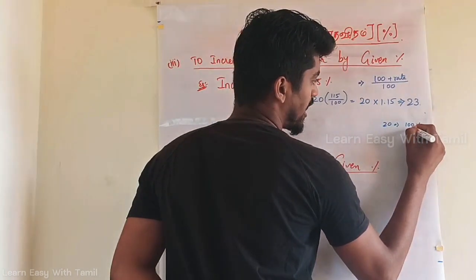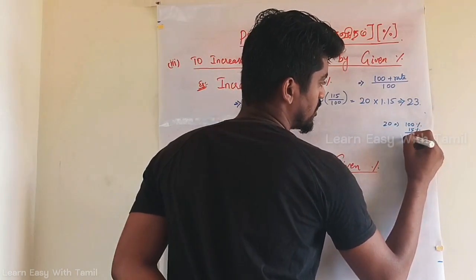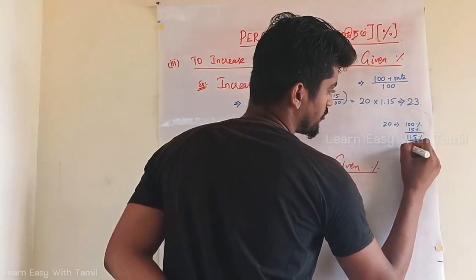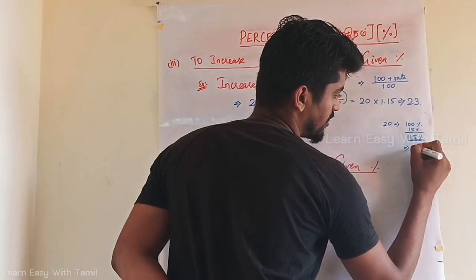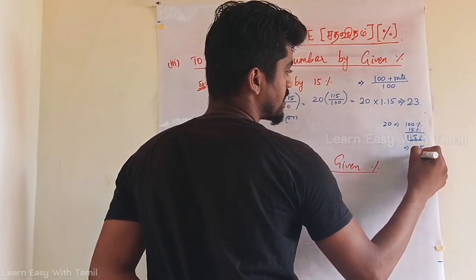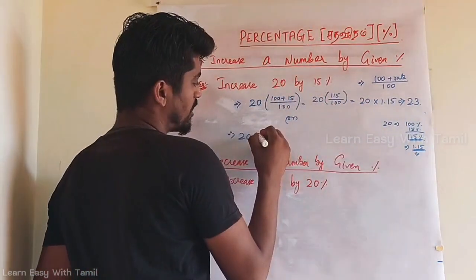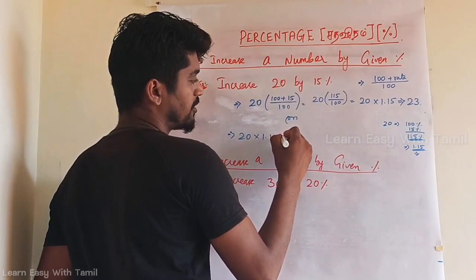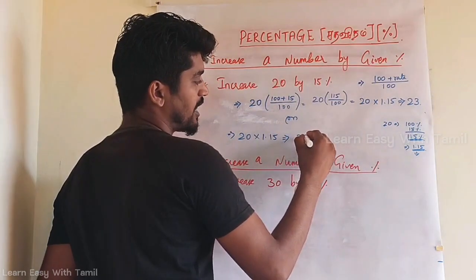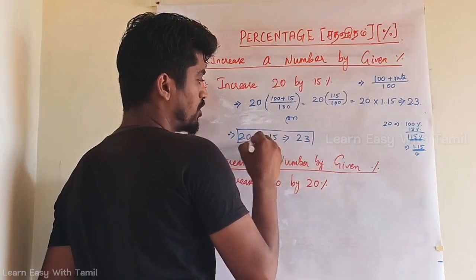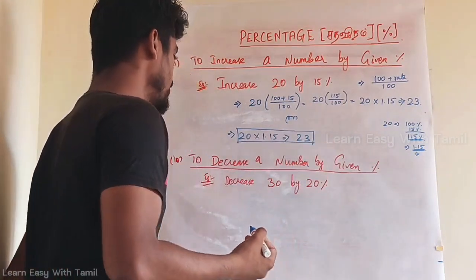Extra we have to add 15%, which is 115%. The 115 percentage in fraction value is 1.15, which gets the answer. So we multiply 20 by 1.15. Also we get the value of 23, which is the simplest step to find the value.